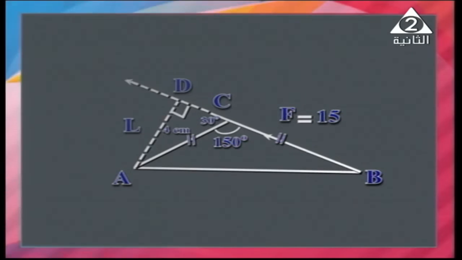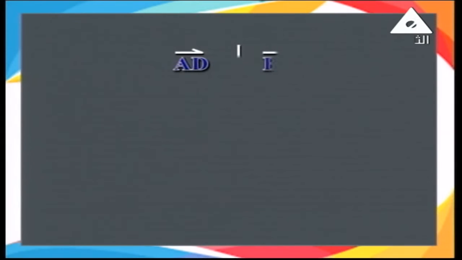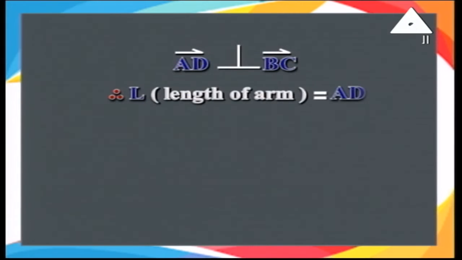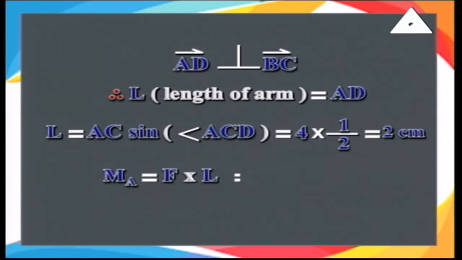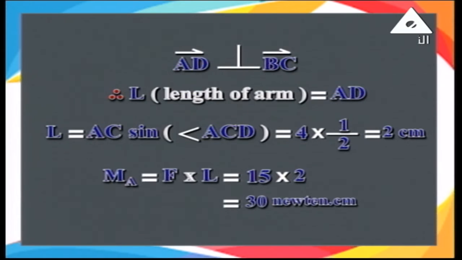AD is perpendicular to BC, so the length of the arm equals AD, which is AC sine of angle ACD, equal to 4 times sine 30, which is half, equals 2 centimeter. Then moment about A equals F times L equals 15 times 2 equals 30 Newton centimeter.